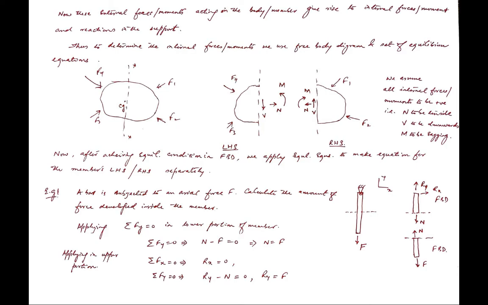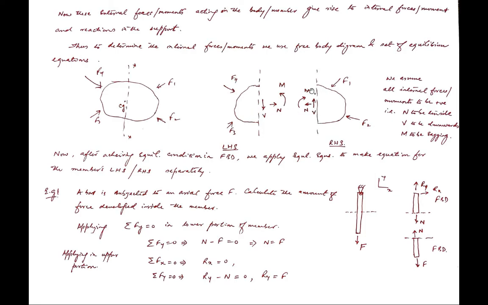You can take it upwards also, it is up to you. So we are taking the shear force positive downwards, and the moment acting over here is a sagging moment.